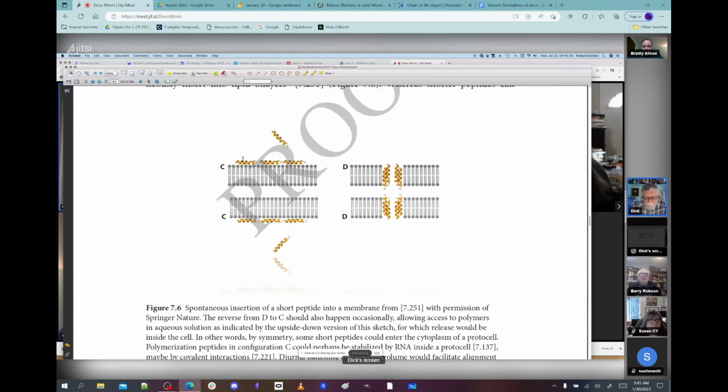Okay, so Bradley, the thing that we've added in the paper we're working on is that if we go back to the first curve, let's see if I can find that curve.